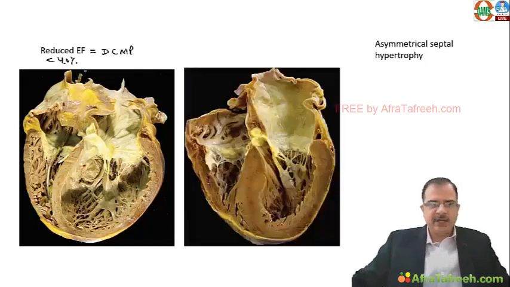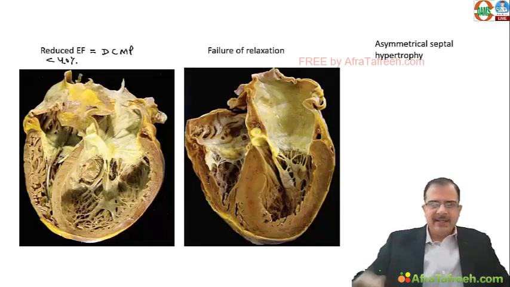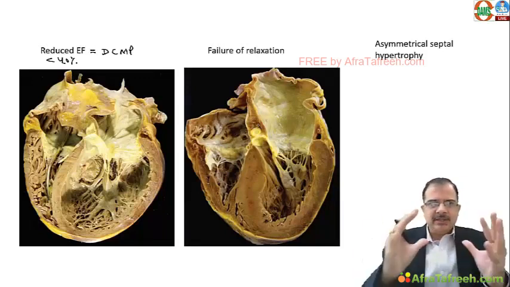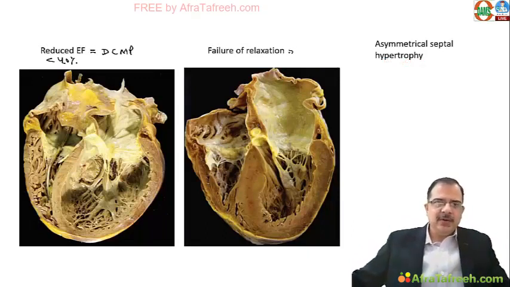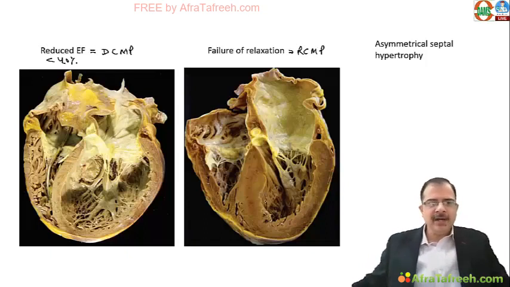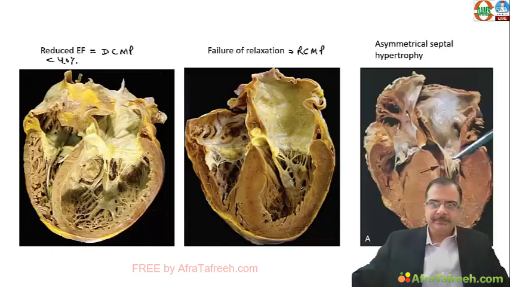While if the clinical case says there is a failure of relaxation, the chamber size is not increased, but failure of relaxation is there, this is a case of restrictive cardiomyopathy, RCMP. The chambers are not dilated, but you can see the wall is thickened.